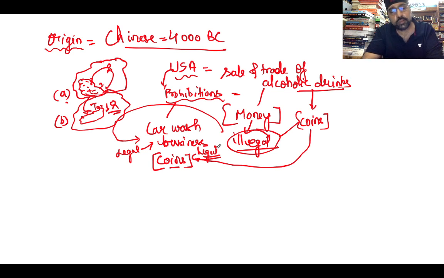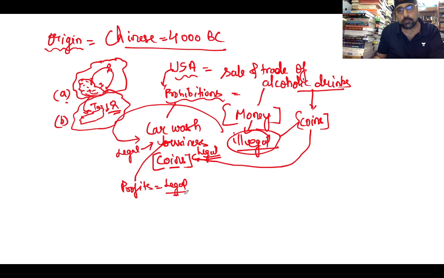And when you invest this illegal money into legal coins, into a legal business here, you are able to generate profits which are totally legal, which are purely legal. And this is how the entire industry originated to begin with.